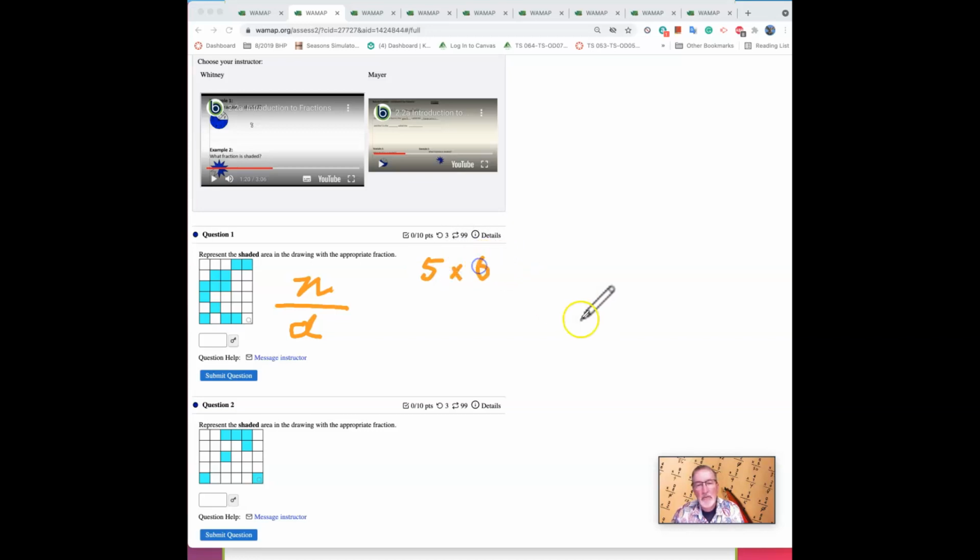And if you're up on your multiplication table, you know that 5 times 6 is 30. So we have 30 of those little squares. And then how many are shaded? 1, 2, 3, 4, 5, 6, 7, 8, 9, 10, 11, 12.